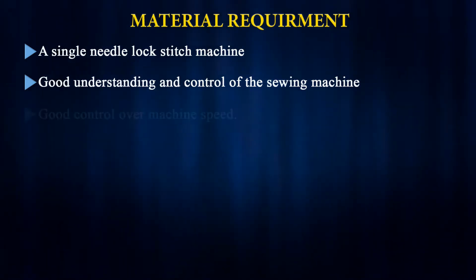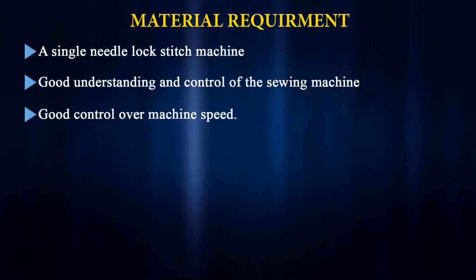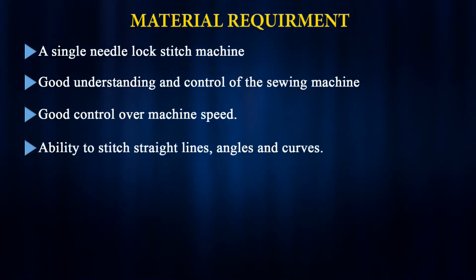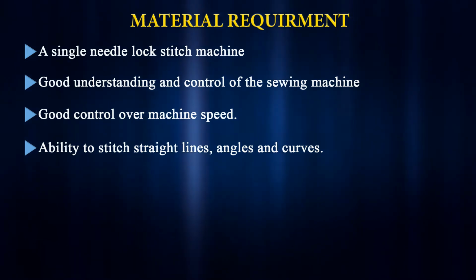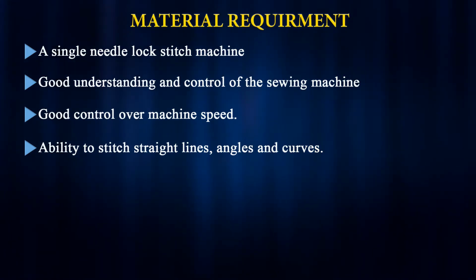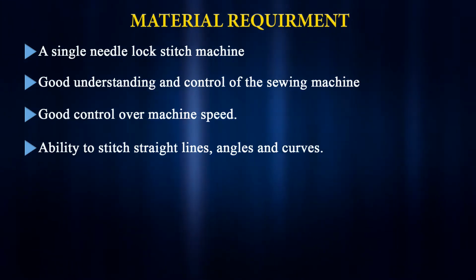You should have good control of the machine speed and the ability to stitch straight lines, angles and curves. If you can perform these well, then you can develop a plain seam or any kind of seam very easily.